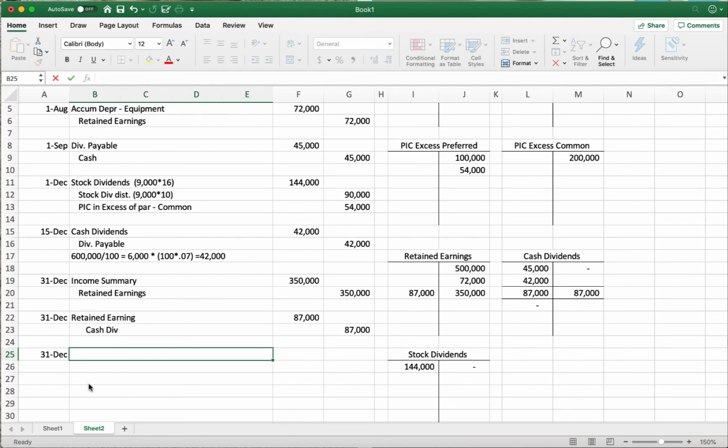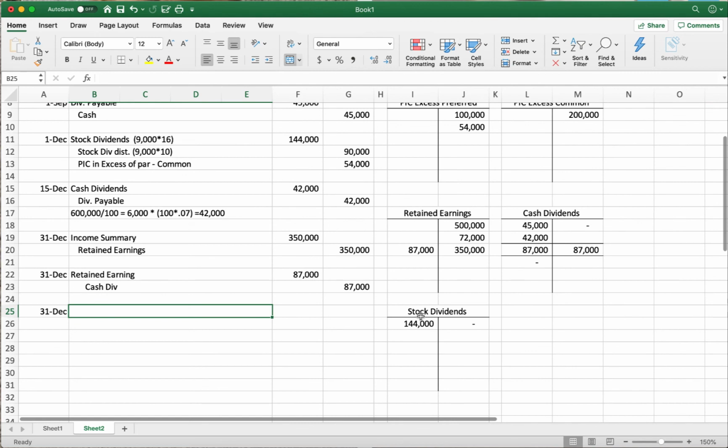Next, I need to close the stock dividends. Well, let's look at the stock dividends. It has a balance of $144,000. So I need to close that stock dividends. I close it to retained earnings. So you got to know that, right? If you haven't grasped that concept yet, please put it down on a note card. Make sure you understand that all dividends are going to decrease retained earnings.